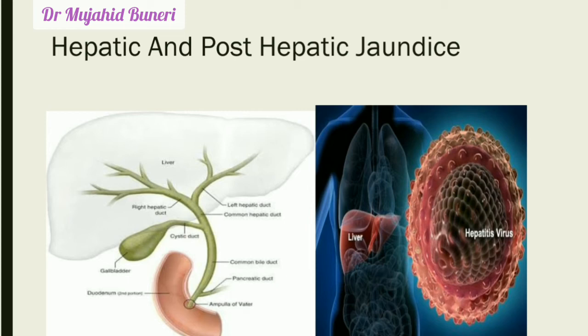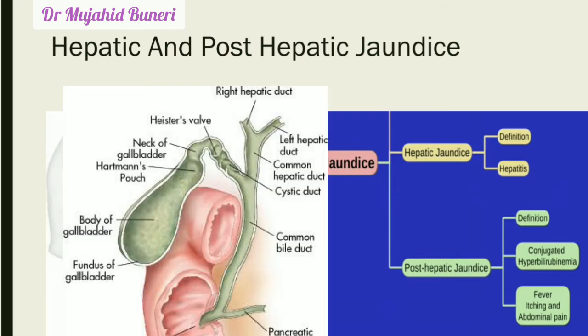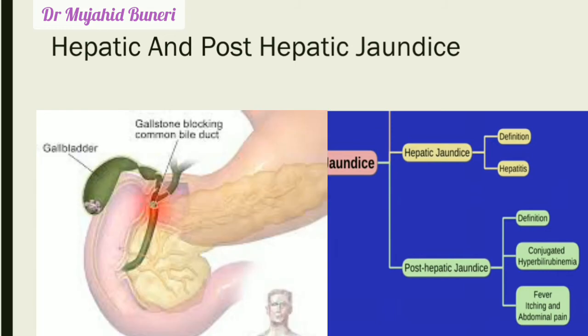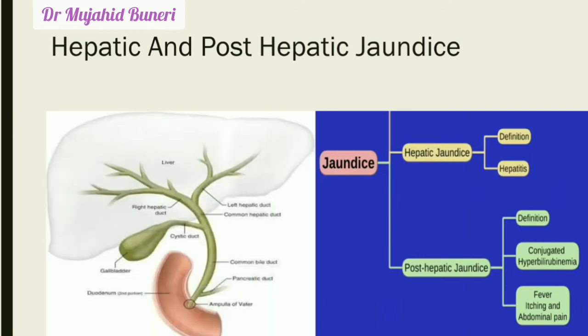Suppose the liver is normal and the problem lies somewhere outside the liver, somewhere in the biliary tree, and this is specially seen in common bile duct stone or gallbladder stone or maybe carcinoma head of pancreas. They lead to obstruction to the normal flow of bile and consequently lead to increase in conjugated bilirubin.